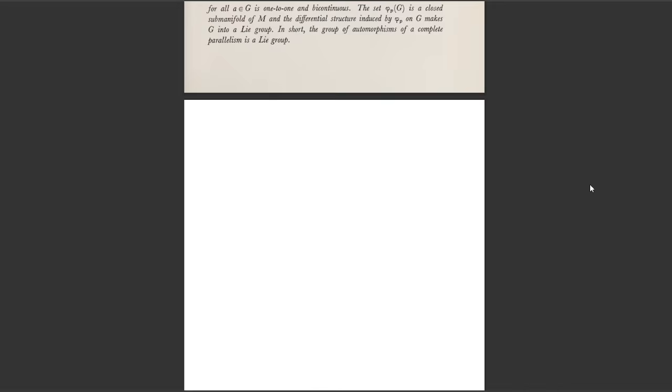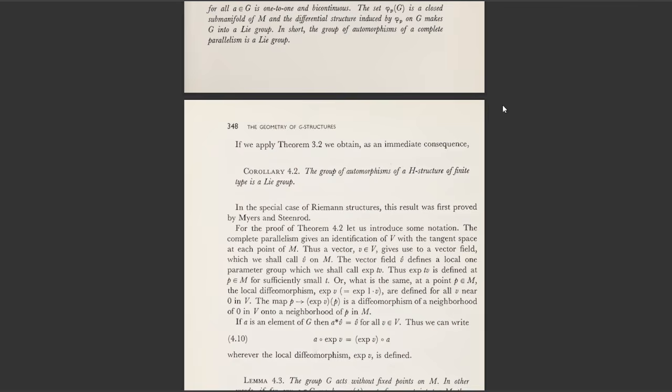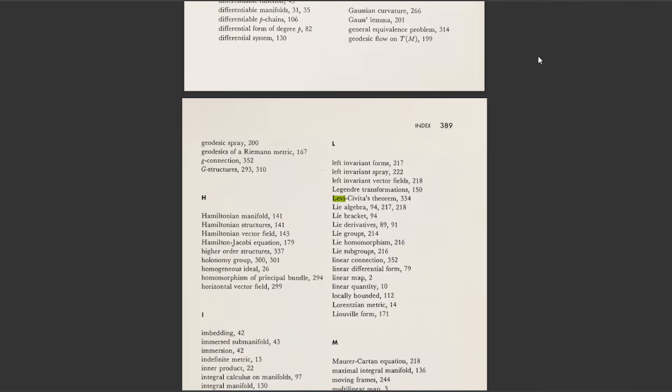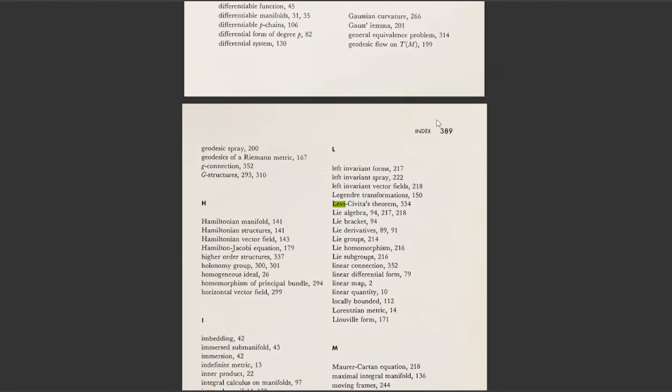Let's try to just zoom up here. Yeah, I don't know. This is being weird.